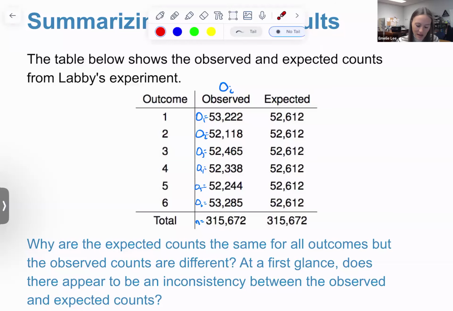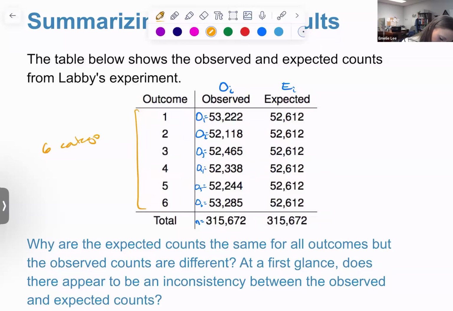Notice that here I have 6 categories, and that's kind of neat. I'll make a note here that we have 6 categories to compare. 3 or more, I jumped right to 6. They're all the same, so they all behave the same way once you hit 3. And so the expected count, notice how it's all the same.